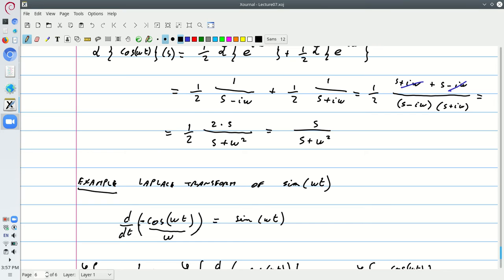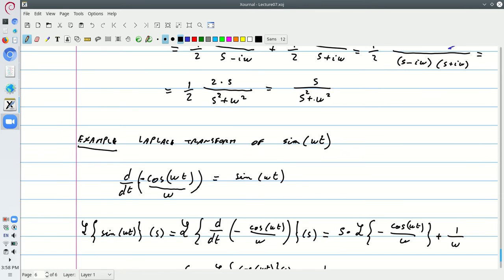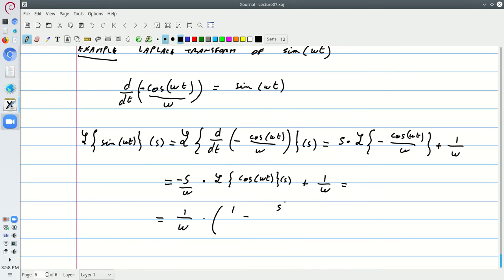So here we have s that multiplies s divided by s squared plus omega squared. So we have s squared divided by s squared plus omega squared, and this is given by 1 divided by omega that multiplies s squared plus omega squared minus s squared divided by s squared plus omega squared.